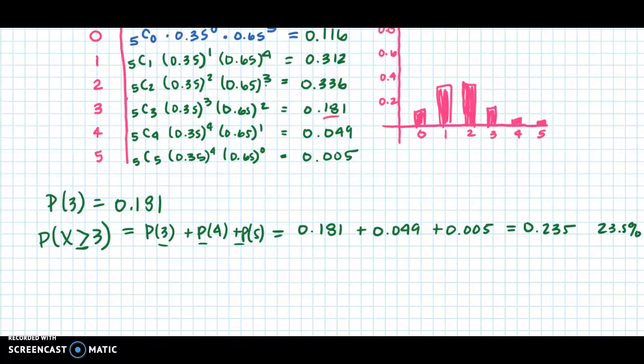And there are lots of different combinations that I could ask you, like what's the probability that x is less than 2? Notice not equal to, so less than 2. So what's the probability of getting a 1 or a 0? Not a 2 because it's not saying including 2.